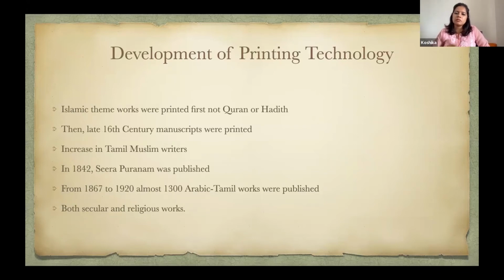After the development of print technology, a lot of writers started writing in Arabic. So there are two views. We are not sure whether print technology actually caused the decline. After the development of print technology, the first book that came out was not the Quran or Hadith.